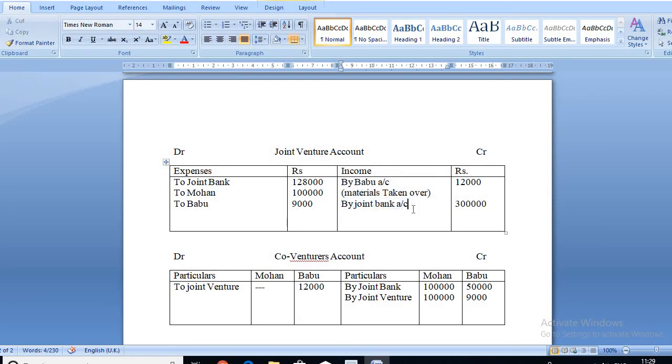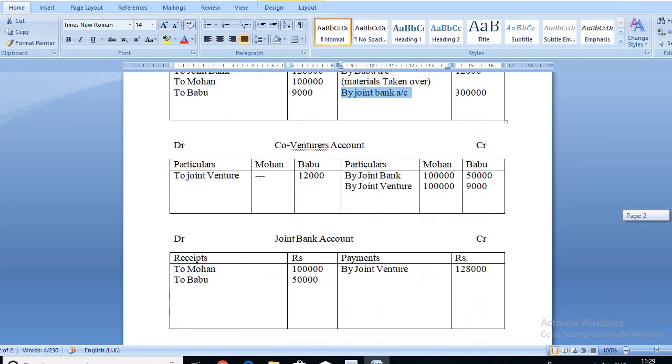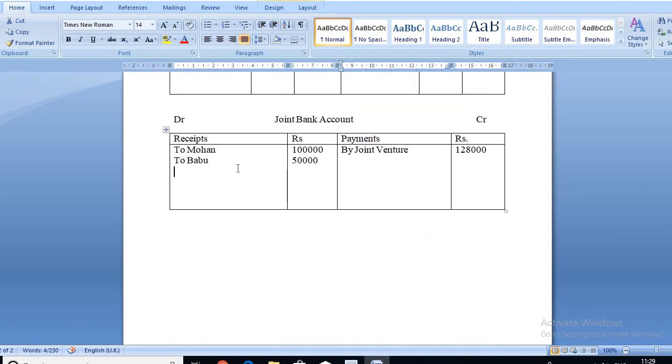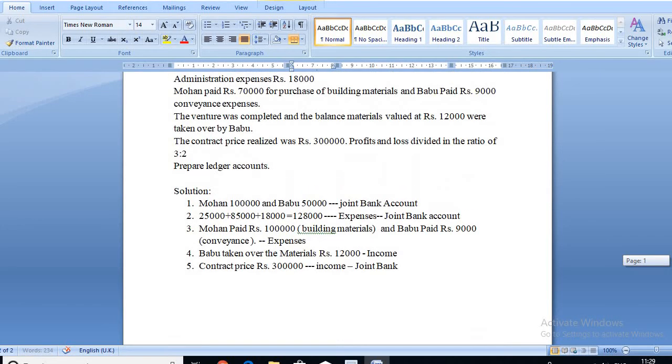So in the joint bank account, debit side, to joint venture, 3 lakh. Now all the 5 transactions are over.